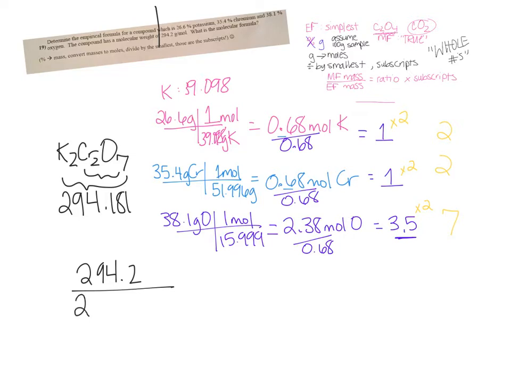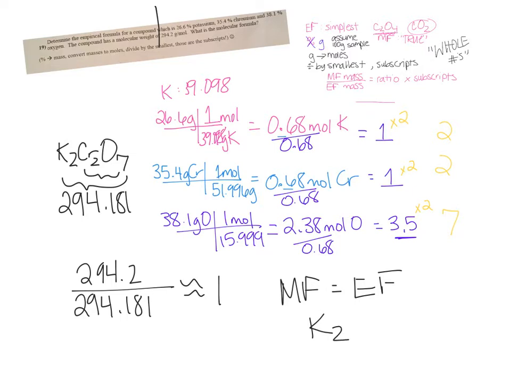So I'm going to divide it by 294.181. Hopefully you're not going to type that in. Because looking here, what is that about? It's about 1, right? So we're going to say molecular formula is equal to empirical formula for this problem. So the true formula is potassium dichromate. Okay? So that's your empirical formula and molecular formula.